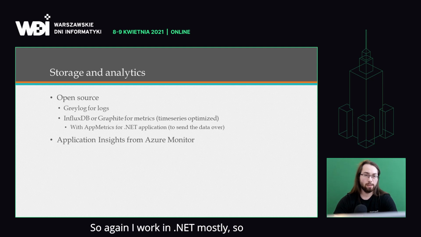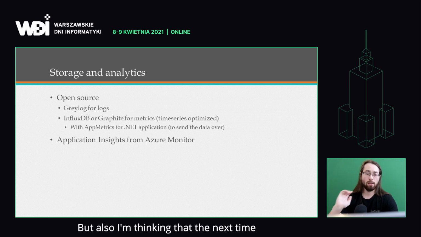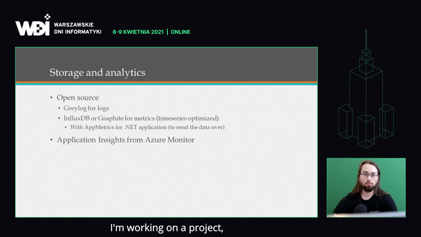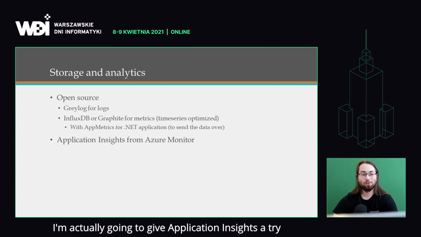So again, I work in .NET mostly, so for .NET there's the AppMetrics library which allows you to connect to such a database and send those metrics. But also I'm thinking that the next time I'm working on a project, possibly a game, I'm actually going to give Application Insights a try. It's a feature of Azure Monitor, which combines the logs, the metrics, gives you some visualizations as well.